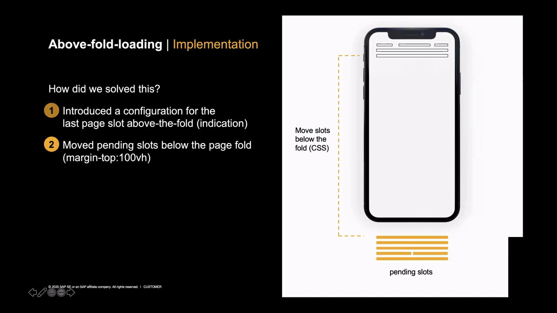That's a native CSS rule, which is pretty convenient. As long as these slots are pending, which means the components inside these slots haven't been loaded, we move all the pending slots to the bottom. And as soon as all these slots are done, we move them up, so we basically remove the CSS rule.